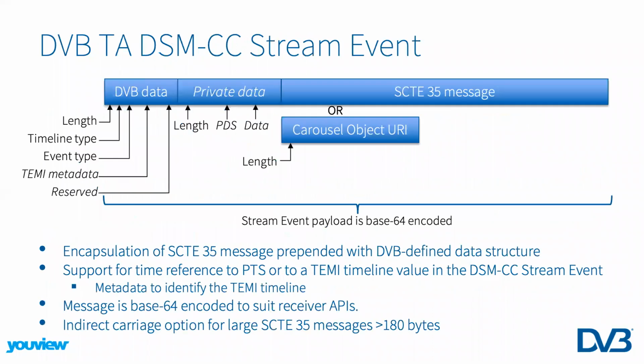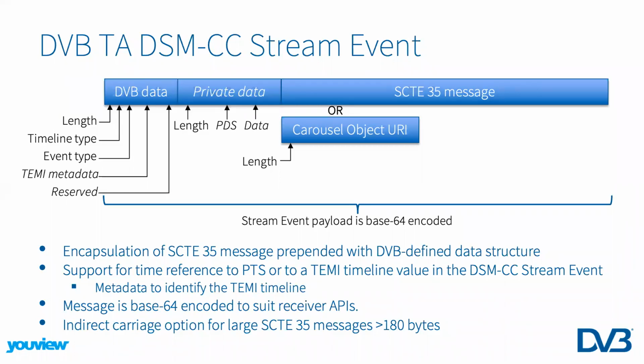And on to the next slide, this then shows how for the HbbTV devices, they can still receive an SCT35 message by encapsulating it in the DSMCC stream event. So this is a new DVB specified format.